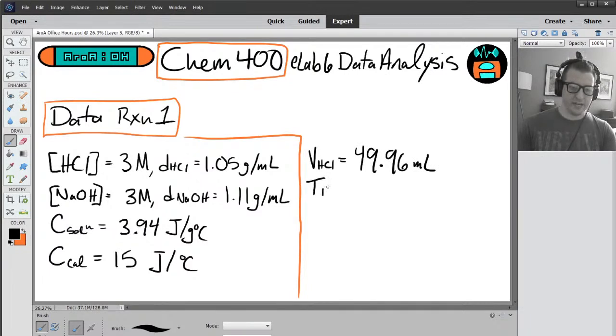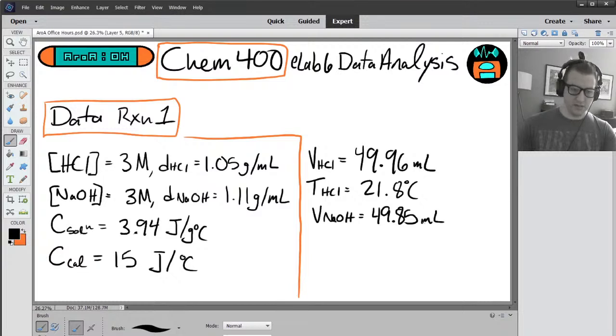My temperature of HCl, 21.8 degrees Celsius. I've got my volume of NaOH, which is 49.85 milliliters.